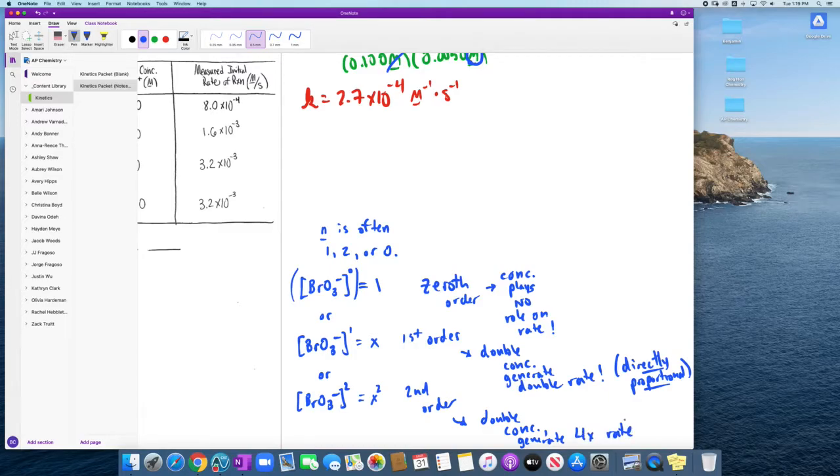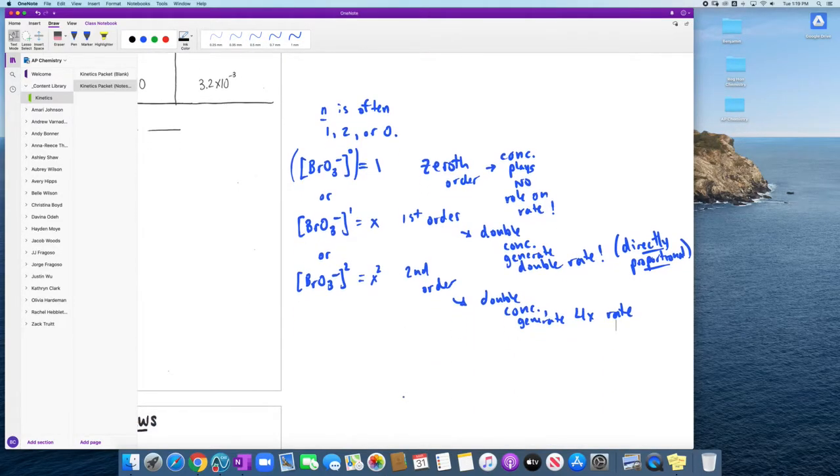The reason for that is that squared term right there. If this value was, say, 1, well, 1 squared is just 1. If you double the concentration, you're going to get 4 times the rate.